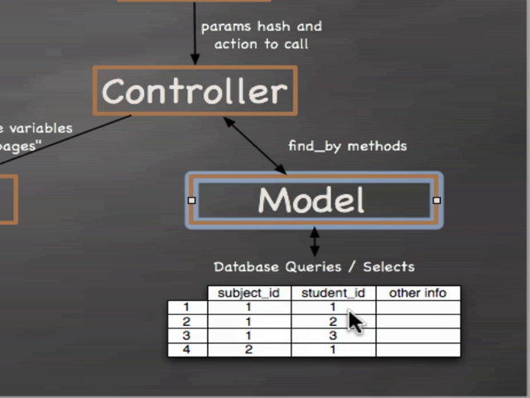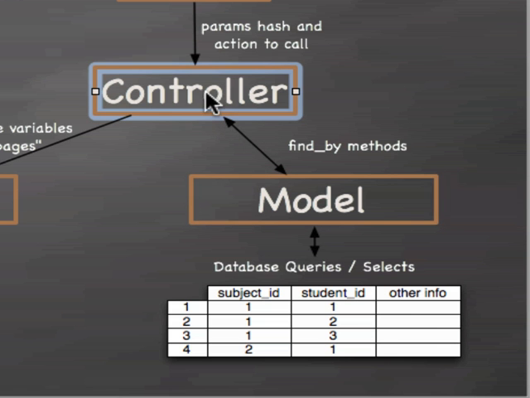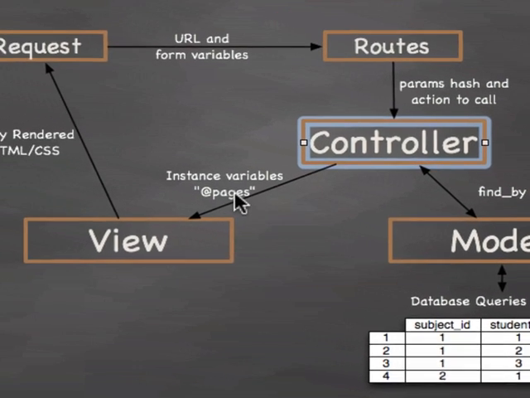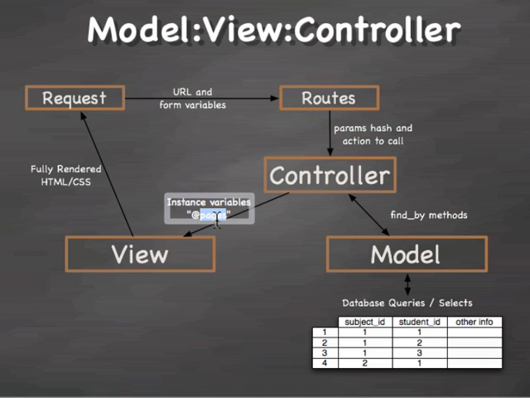In this case, we're selecting various students and their IDs and some other information, and that information gets sent back to the controller, which then populates an instance variable called pages or students. In this case, let's call this one students.